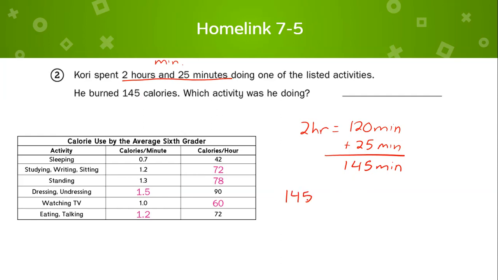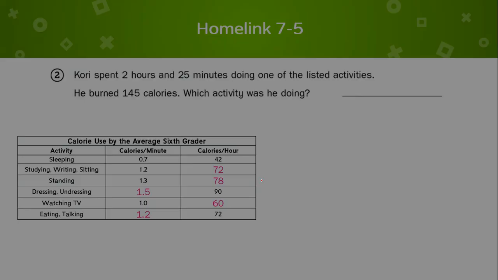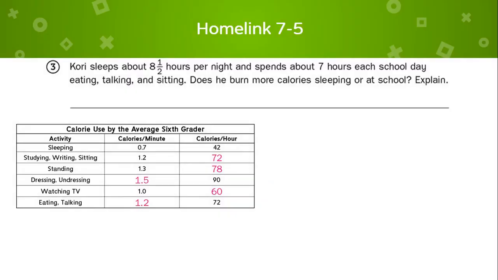So 145 minutes times something equals 145 calories. Well, guess what? There's only one number that works here, and that's the number 1. And if we look over here, that would be watching TV. So he was watching TV.